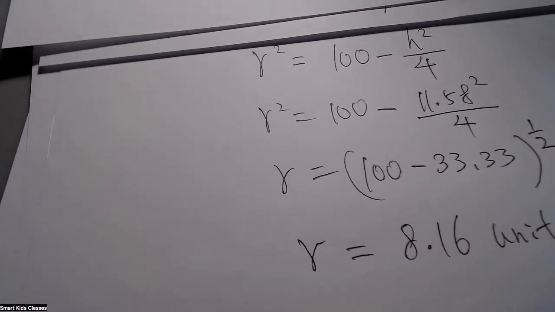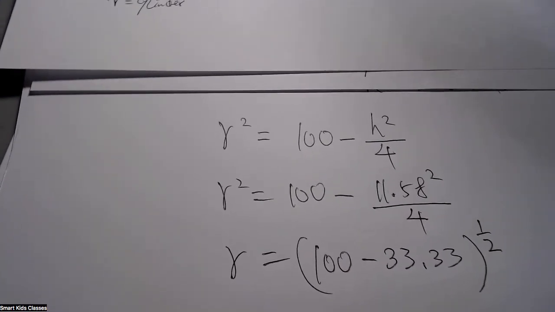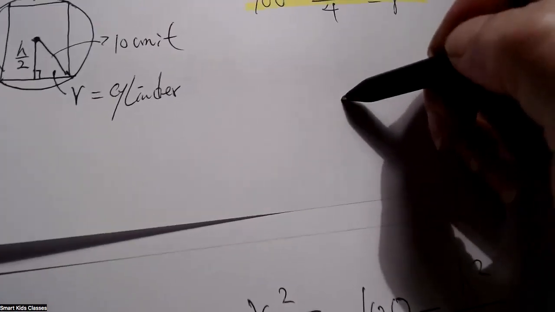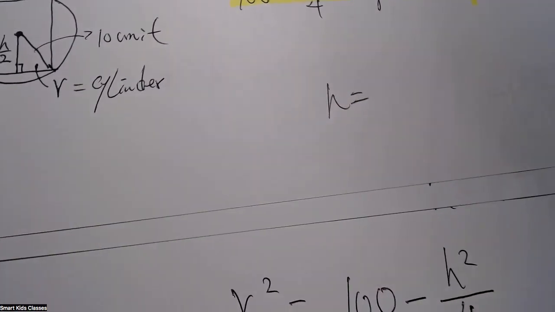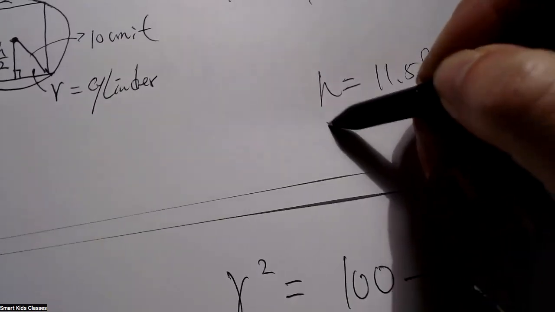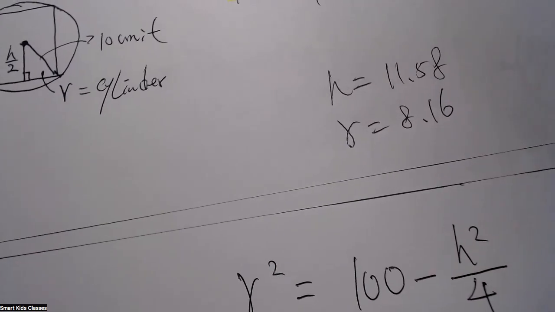So to maximize the volume of the cylinder, the height h is equal to 11.58 and the radius is equal to 8.16.